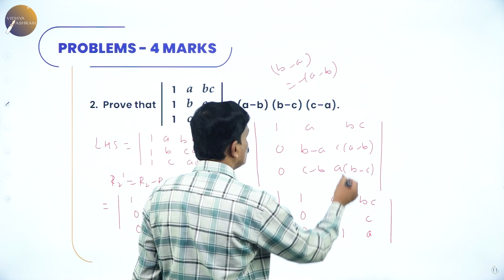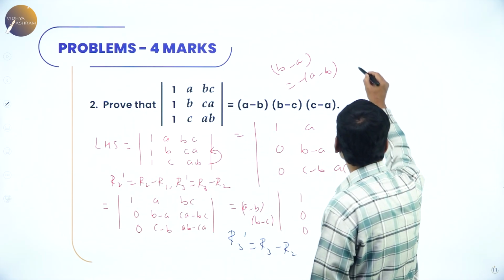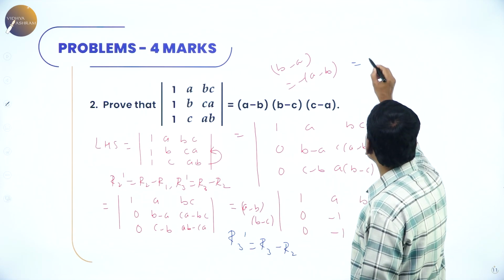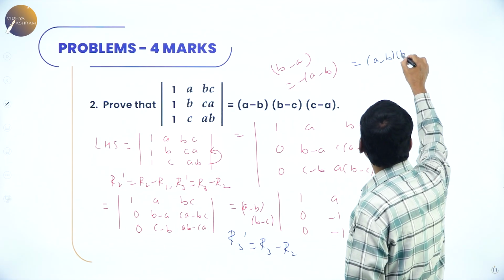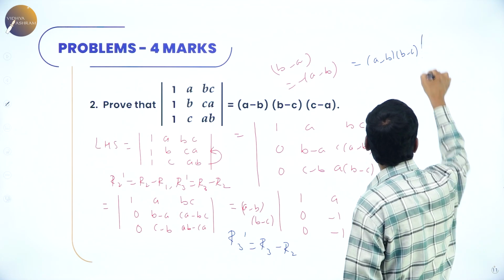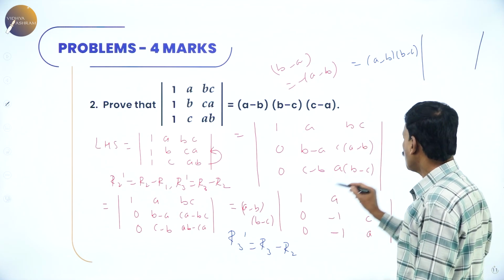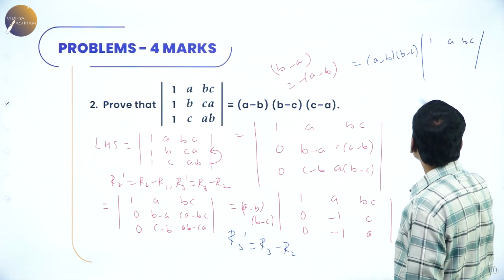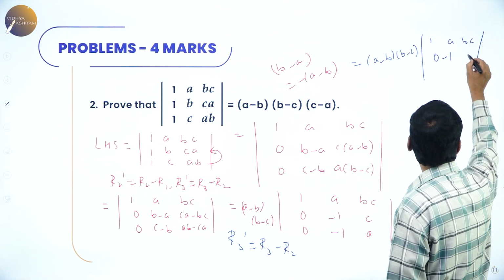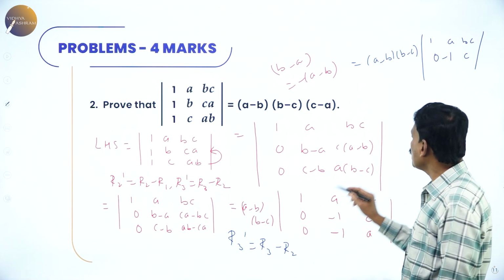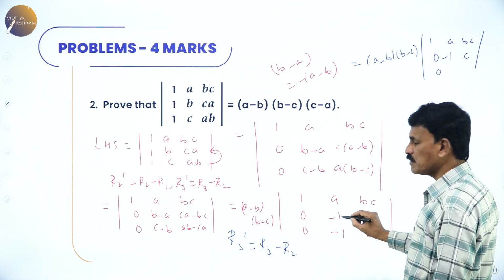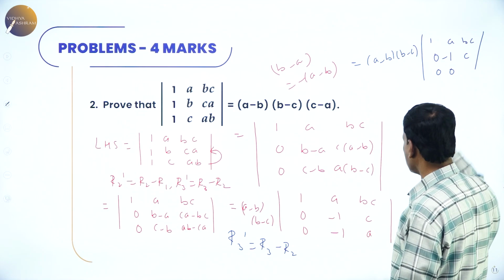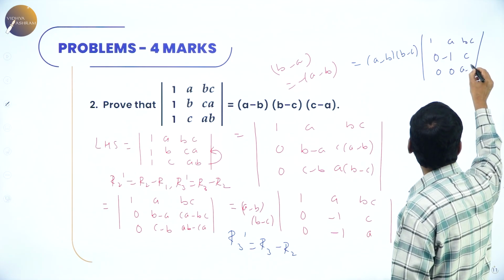Now this can also be written as a minus b as it is, b minus c as it is, and the determinant: 1, a, bc the same, 0, minus 1, c as it is. Now 0 minus 0 is 0, minus 1 into minus 1 plus 1 is 0, then you will get a minus c.